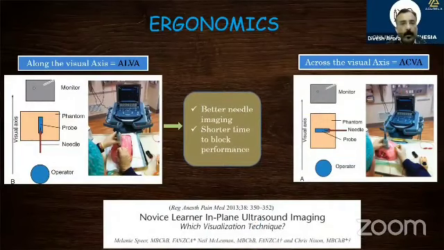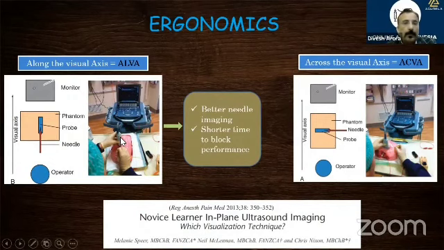So coming on to the ergonomics, not specific to interscalene, but specific to any kind of regional anesthesia technique, how the long axis of the transducer is aligned with the visual axis gives us two basic approaches. One is the along approach, another one is the across approach. In the across approach, you can see the long axis of the transducer is perpendicular to the visual axis.